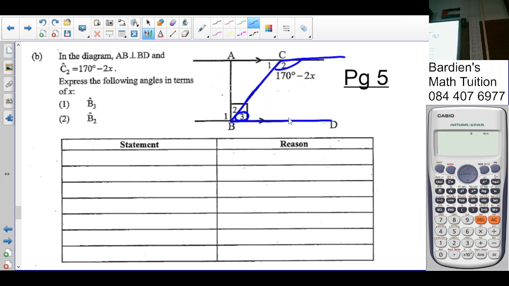Then you write B3 on the side, take everything else over. How do you think you're going to calculate B2? What do you know about B3 and B2? They add up to 90 degrees. So once you have B3, you say that plus B2 is equal to 90 degrees, the reason. And then you write B2 on the side, everything else on the other side. You guys understand? Try it.